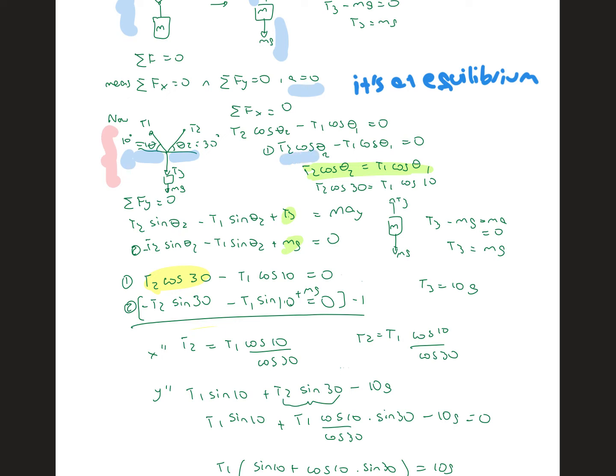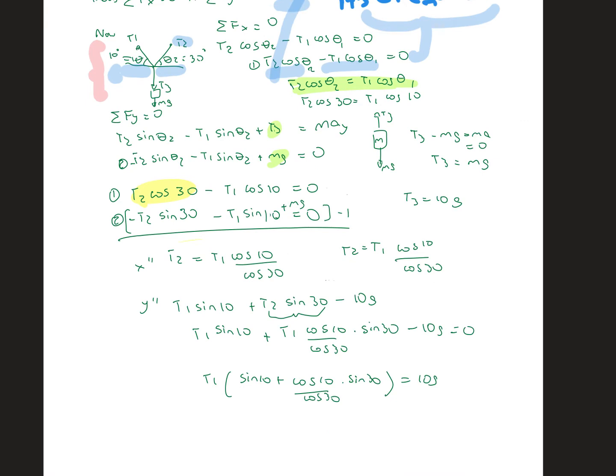That's why we have the cosine right here for T2. And for the other one, we just subtract because it's on the negative side. It'll be cosine of 10 degrees. That equals 0, as we explained above, because the acceleration is 0 since it's at equilibrium.